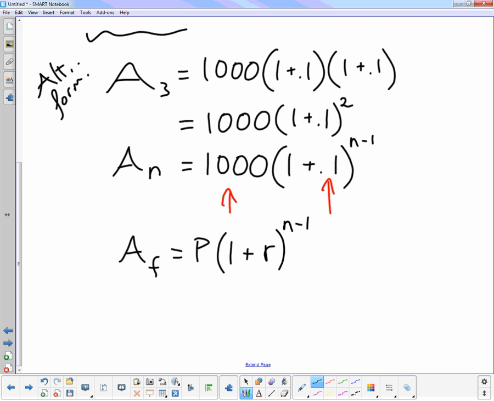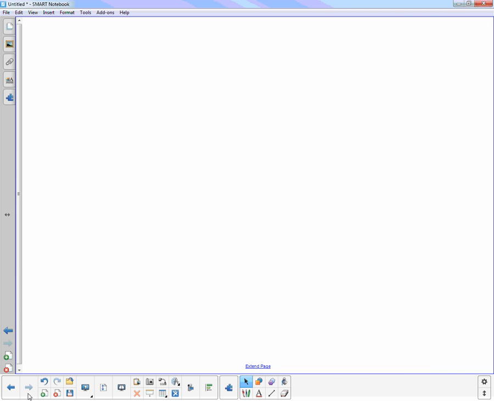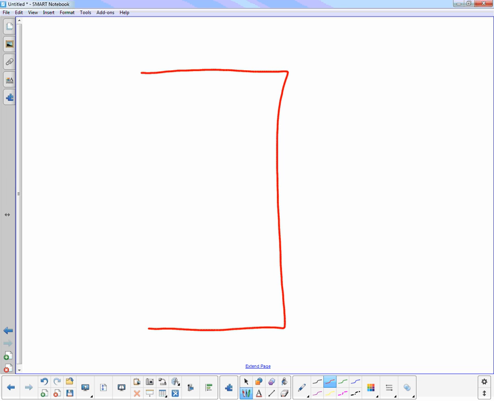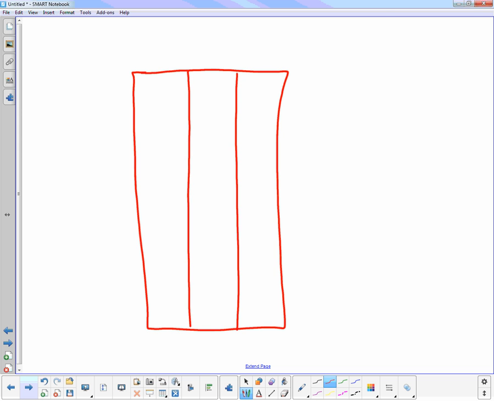If we wanted compounded interest, what you're basically saying is this. Why does compounded interest look the way it does? Here. It's a year. And I'm going to break this guy up. 12 months. Okay?